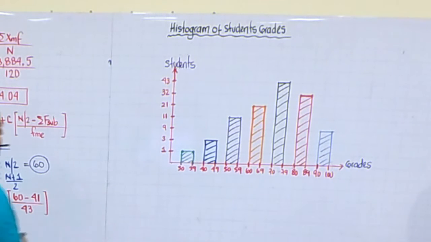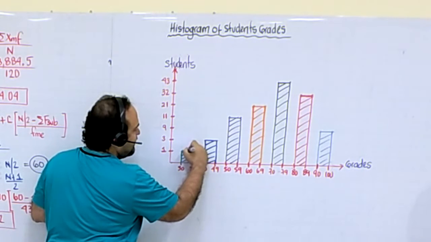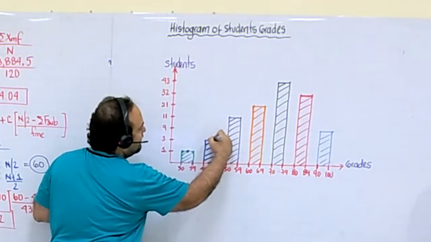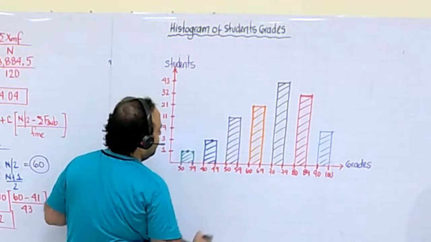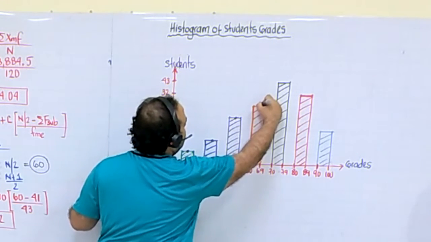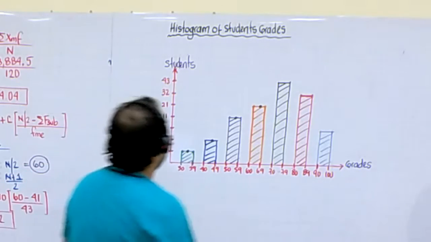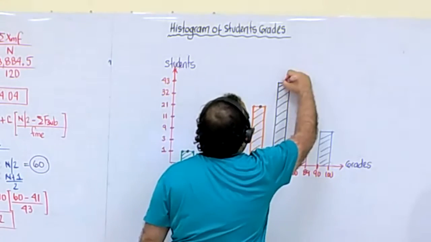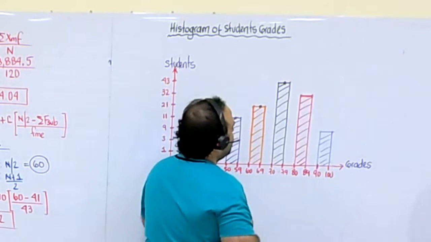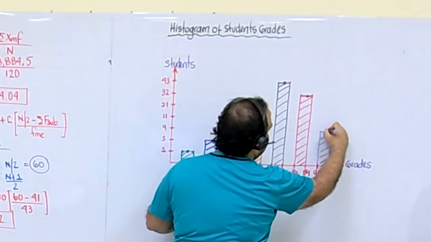I hope this black one can be seen. I'm going to draw a black point at the middle of every histogram bar. I'm going to use the red one over here because I just want to distinguish this color, and continue with the black one over here.